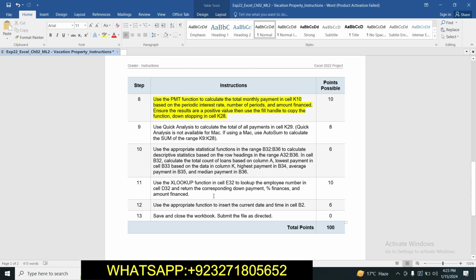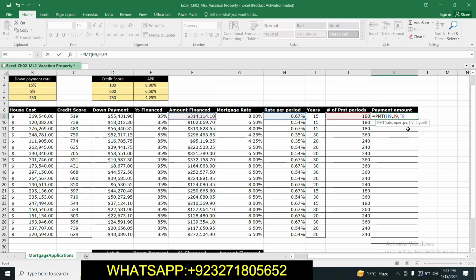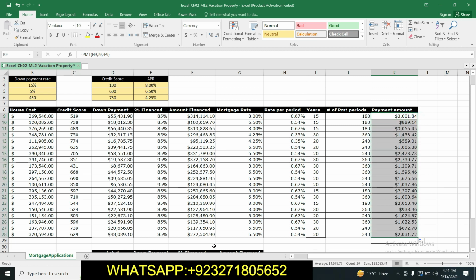Ensure the results are a positive value. To ensure our result is a positive value, we will put a minus sign here. Press enter. Now it's our payment amount that we calculated by using this formula. Use the autofill handle to copy this formula down.